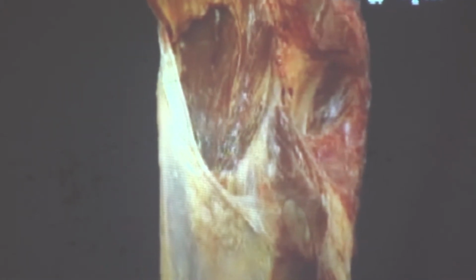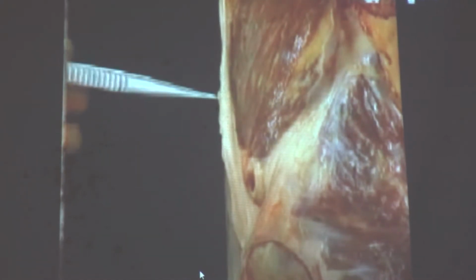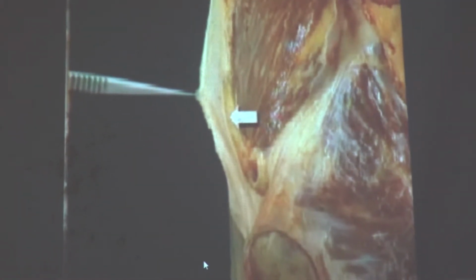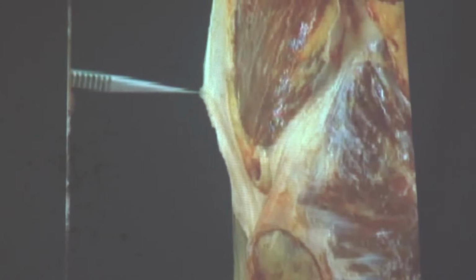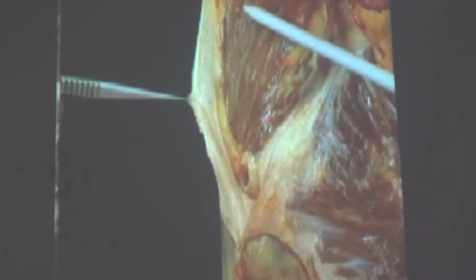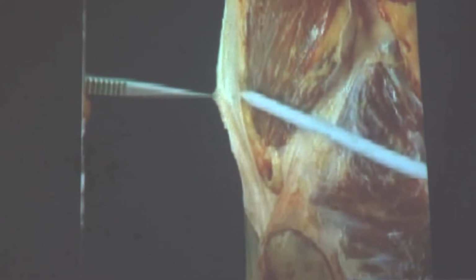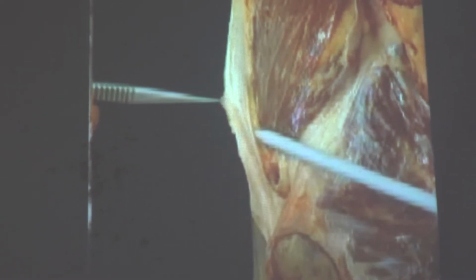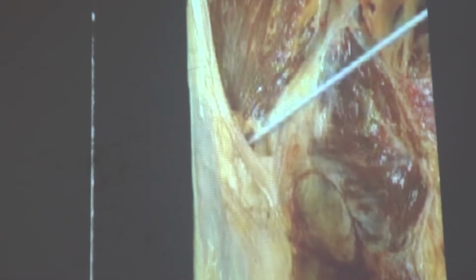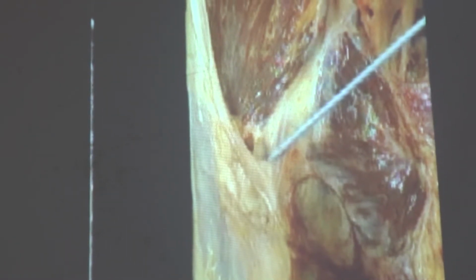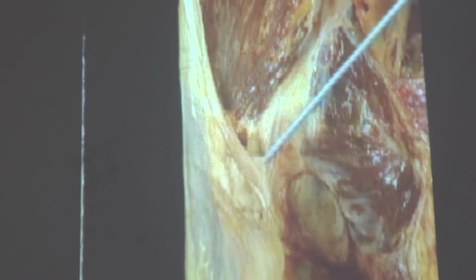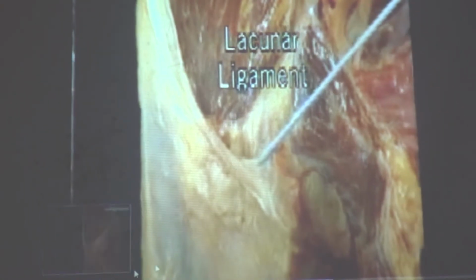On the inner aspect, that is the inguinal ligament area, and the muscle behind it is the iliopsoas muscle with the associated sheath. The medial part of the inguinal ligament forms a triangular area called the lacunar ligament, which has attachment to the pubic area.